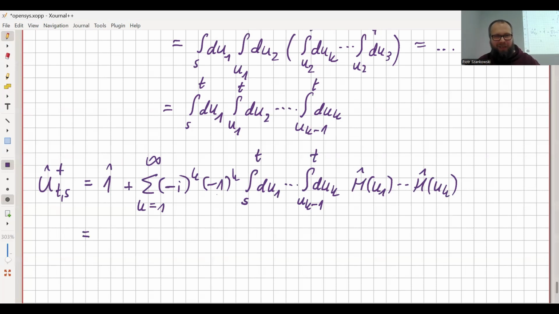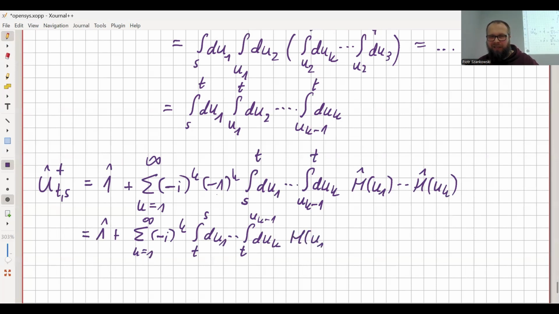So we consume them and we arrive at the full formula: s, t, du1, t, u_{k-1}, u_k and the Hamiltonians H(u_k), which is time ordered except it goes from t to s.